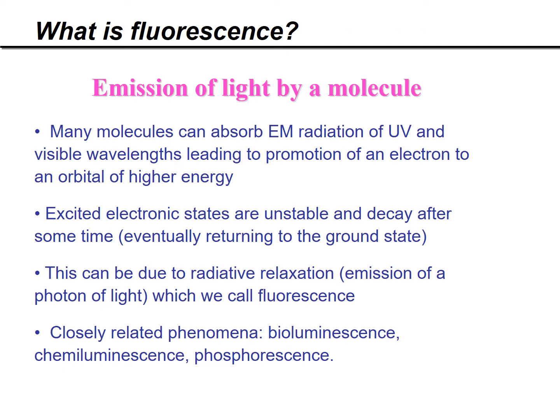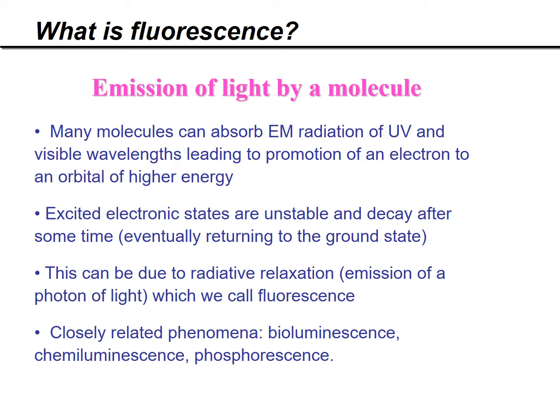Okay, well, here's a good place to start. What is fluorescence? You've probably all got some idea of what it is. You'll have at least heard of it, might have seen it. Quite simply, it's emission of light by a molecule. Many molecules can absorb light, or if you prefer, electromagnetic radiation, of UV and visible wavelengths, and what happens is electron density redistributes.